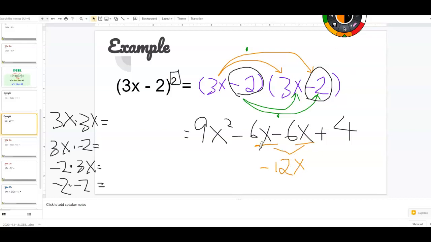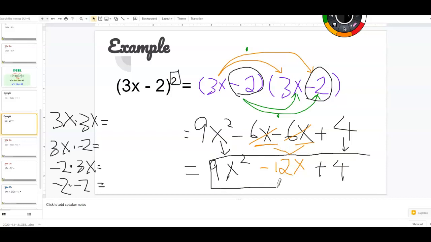Okay? And after combining them, they're gone. And the two guys that you haven't touched, bring them down. And that's it. Okay.